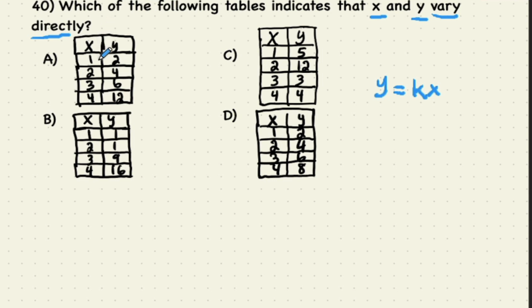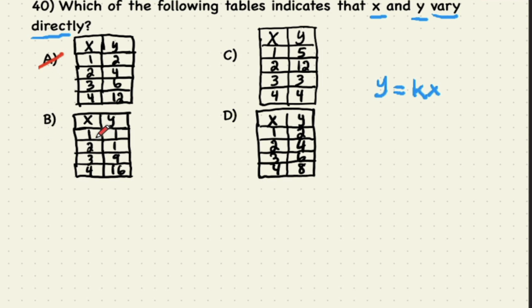Starting with A, I know that 1 times what number gives me 2? Well, that's 2. Let's see if 2 holds up throughout. 1 times 2 is 2. 2 times 2 is 4. 3 times 2 is 6. But 4 times 2 is not 12. So A is not the correct answer choice.